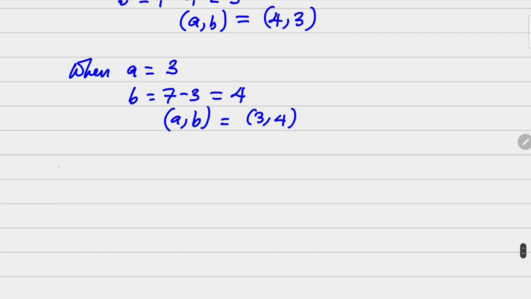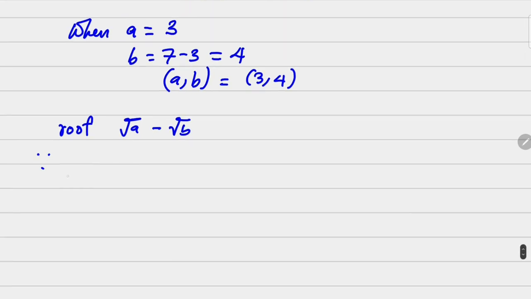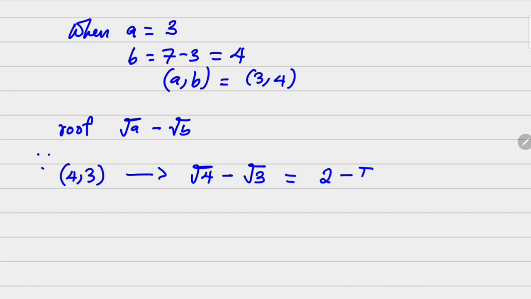Now don't forget that the root we said is root of a minus root of b. So let's pick the first case, which is 4 comma 3. If it is 4 comma 3, then it means that the root is going to be root of 4 minus root of 3, which we can see as 2 minus root of 3.